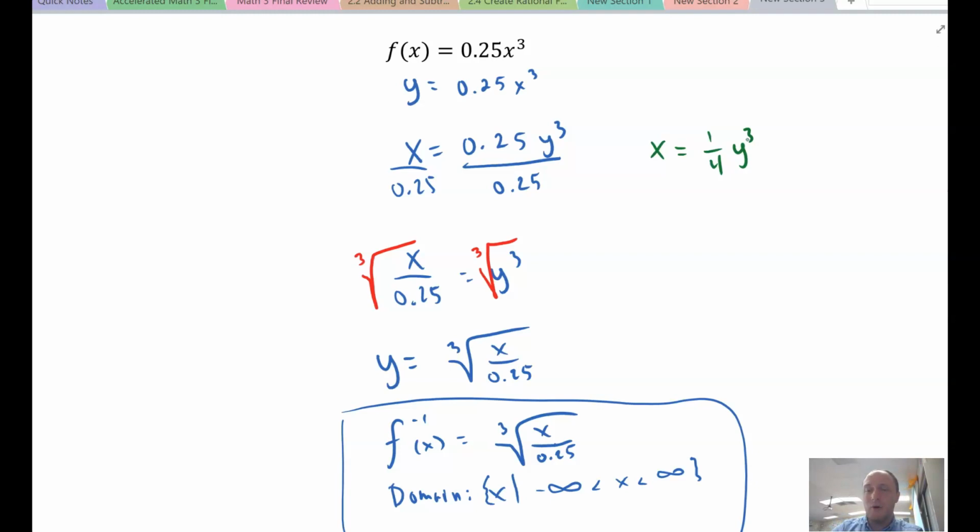So how do you undo dividing by 4 or multiplying by a fourth? Well, you multiply by 4. So I get 4x is equal to y cubed, which means y is going to be equal to the cubic root of 4x. So maybe you think this is prettier. I think it's prettier.